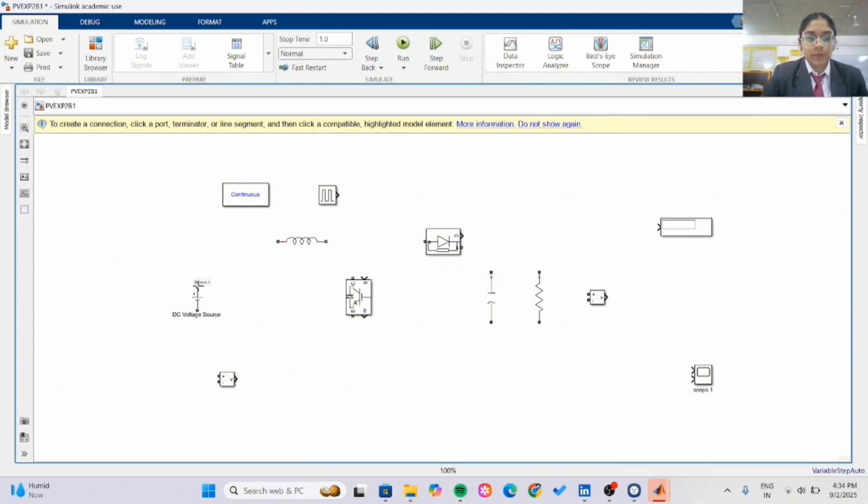So first and foremost, we will connect the DC voltage source to our series RLC branch. Then afterwards, it will be connected to our diode, and the IGBT will also be connected to our diode.